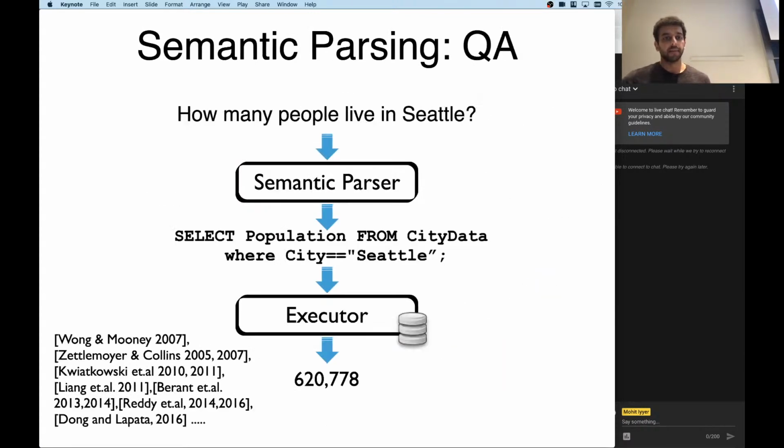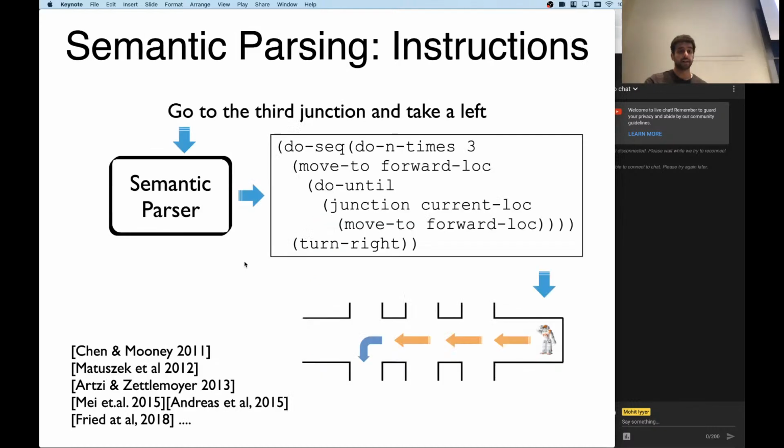There are datasets where you have a question paired with a SQL query, but there are few datasets at scale where you have an instruction paired with some sort of program, as these things are specific to a particular executor.